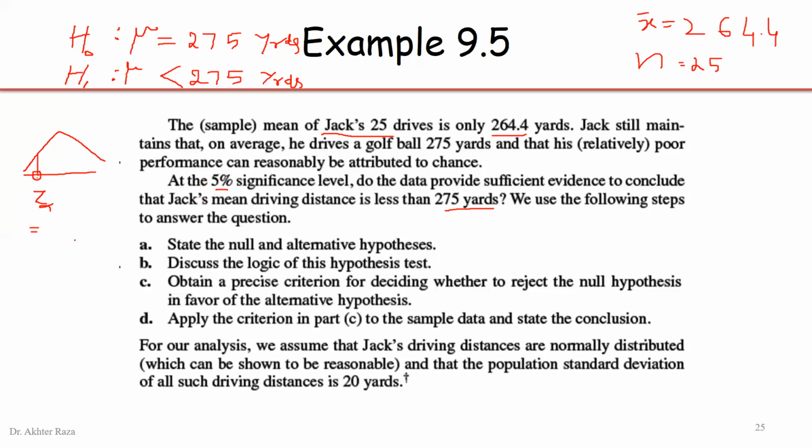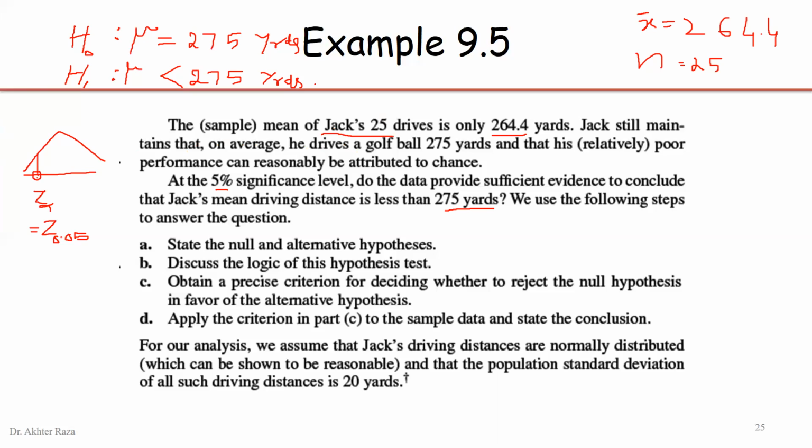If we are using T statistics, we have to obtain a value T alpha, not Z alpha. So Z 0.05 can be obtained from the table. If your value of test statistics is below this number, we will conclude that the data provides sufficient evidence in favor of H1.